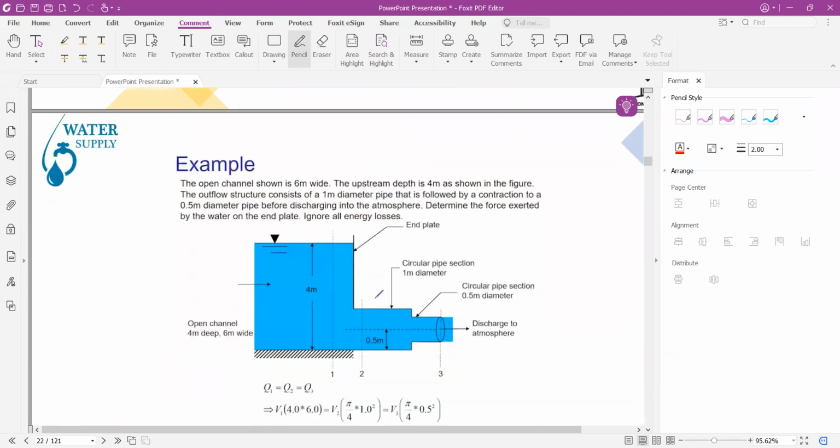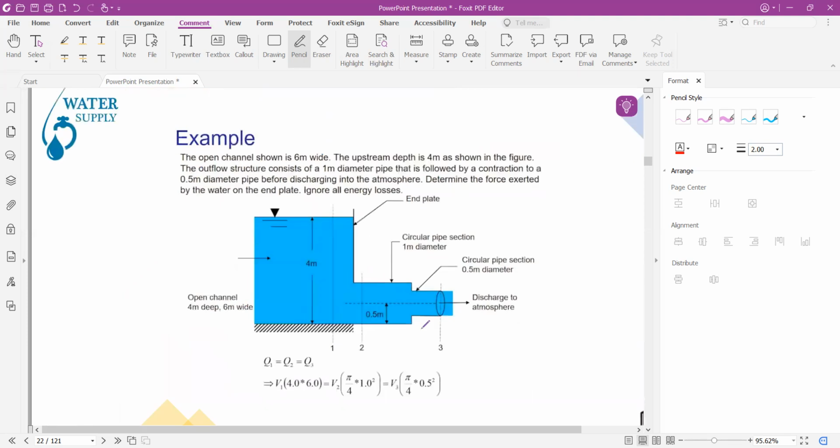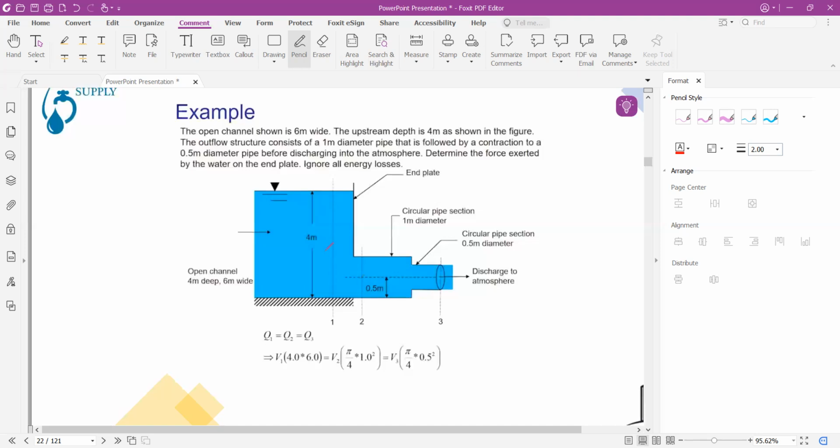Considering an example of a reservoir or channel having a height of 4 meters and width of 6 meters, connected to a pipe of 1 meter diameter, and also connected to a pipe of about 0.5 meter diameter. According to the continuity equation, the flow at section 1 will be equal to the flow at section 2, and the flow at section 2 will be equal to the flow at section 3.